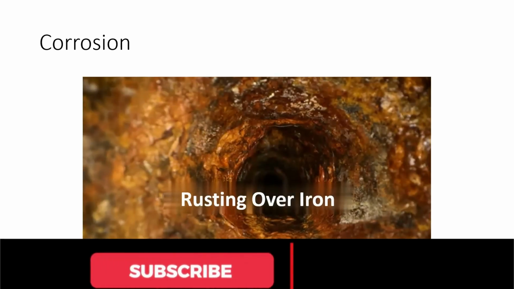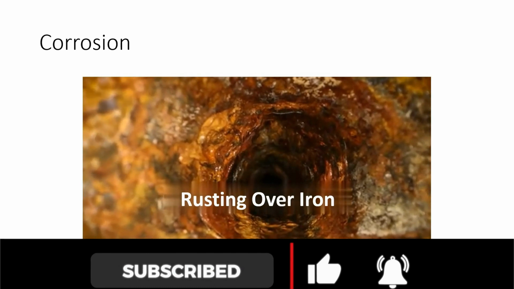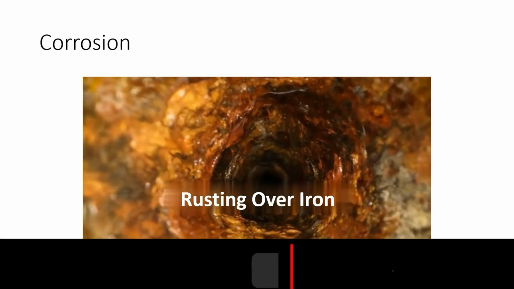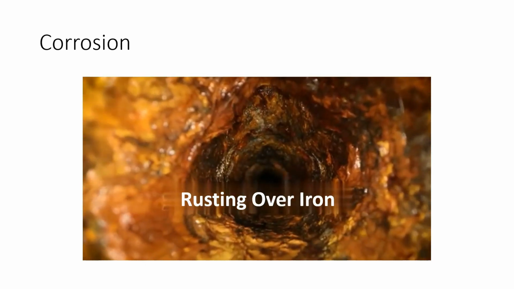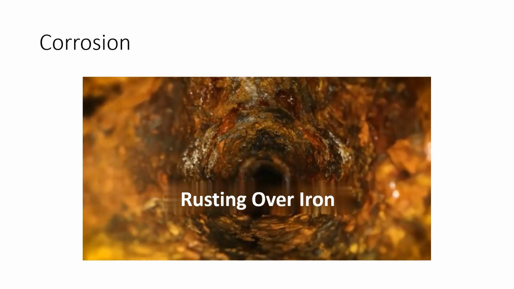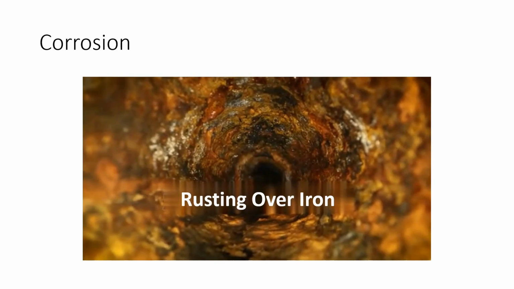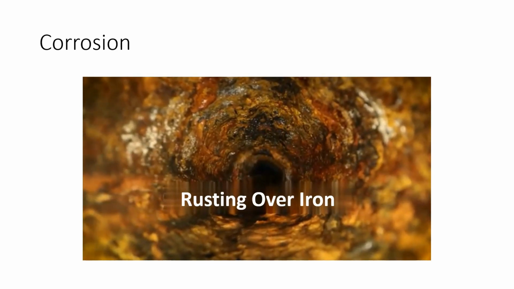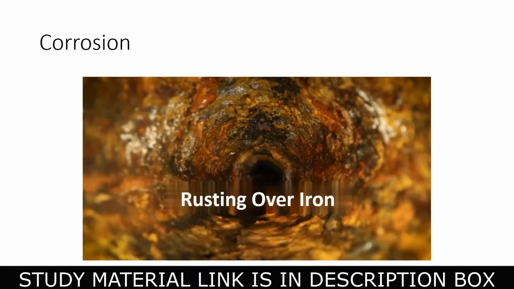Corrosion is defined as the deterioration of a material, usually a metal, because of a reaction with its environment. As you see, I am showing rusting over iron. Corrosion is a natural phenomenon that occurs over time, and mostly an electrochemical reaction takes place at different rates with different metals and in different environments.